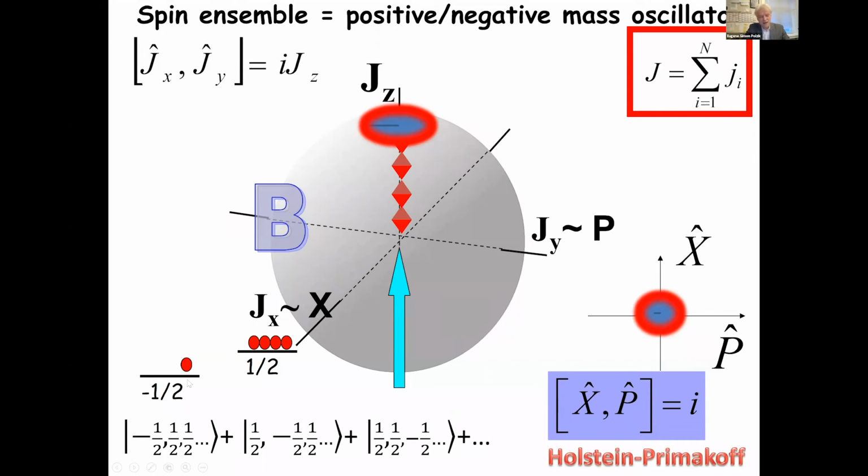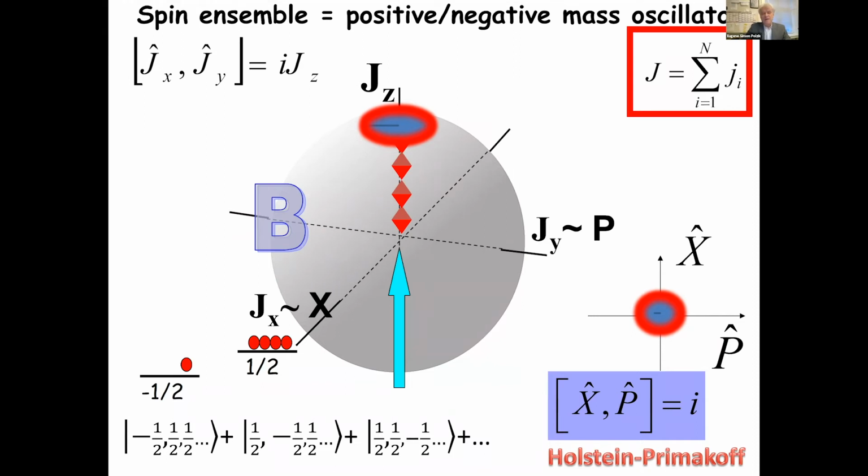I scatter it in such a way that I don't know which of the spins has flipped, and that means that I have this coherent superposition. And in the quantum mechanical world, that essentially means that I have created the first excited state of this oscillator.